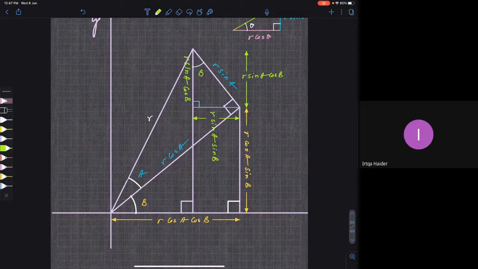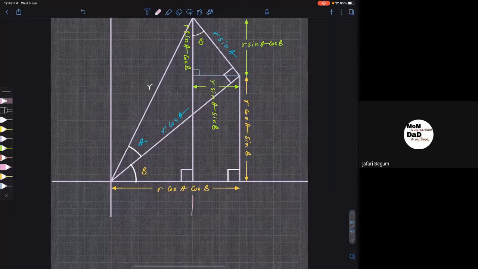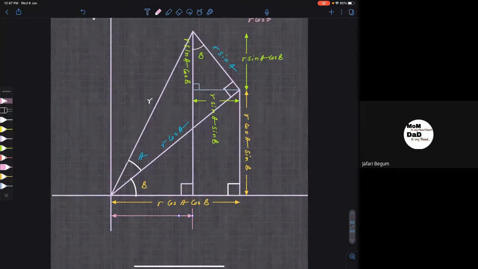Are you getting my point? Yes. Now I need these two sides for A plus B. I need this side, and I need this full side.